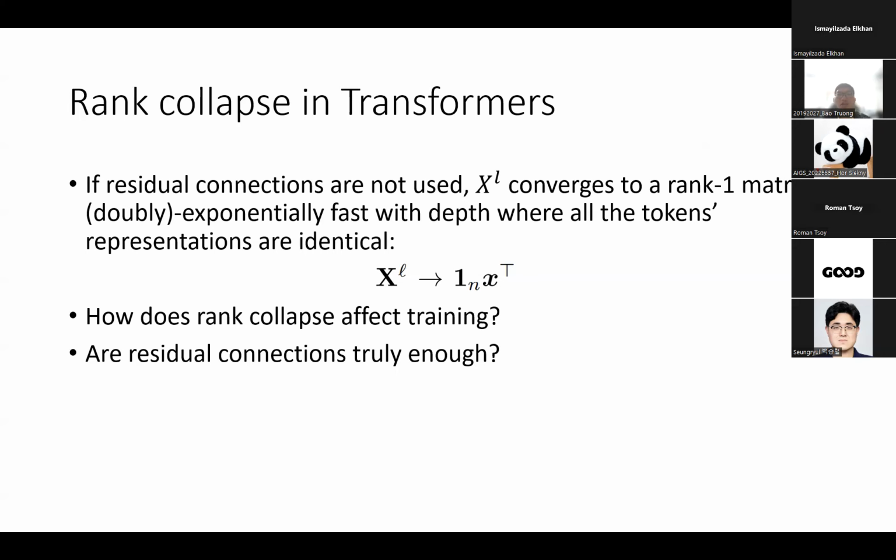Actually, when people introduced the transformer, they named their paper "Attention Is All You Need". But then there are some newer papers that say attention is not all you need.